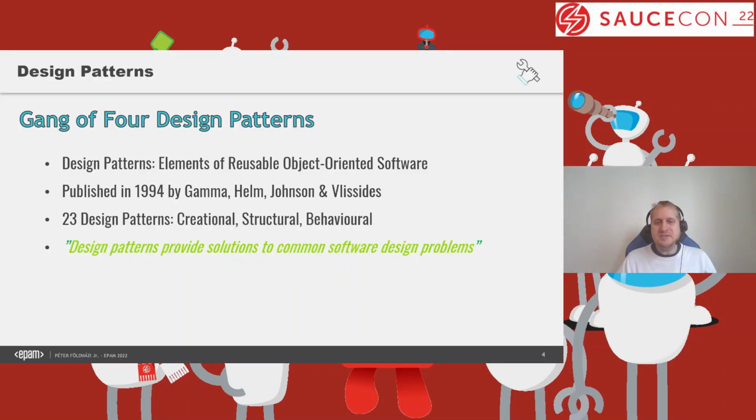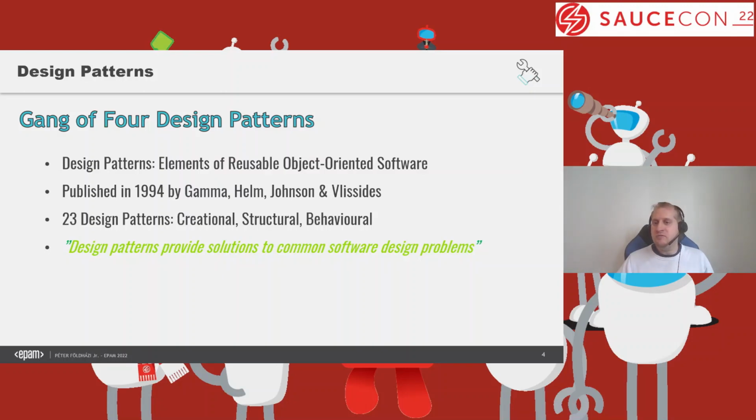So whenever someone talks about design patterns, I believe that most people who have heard this term before will think about the Gang of Four design patterns for very, very good reason. And I believe as test automation engineers are developers as well, we need to be aware of the design patterns.